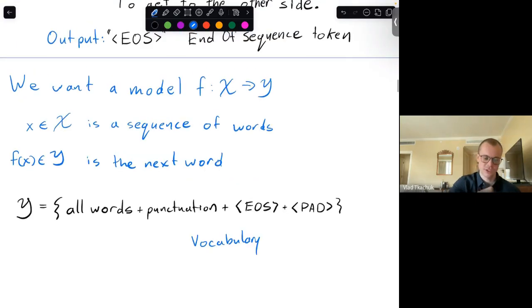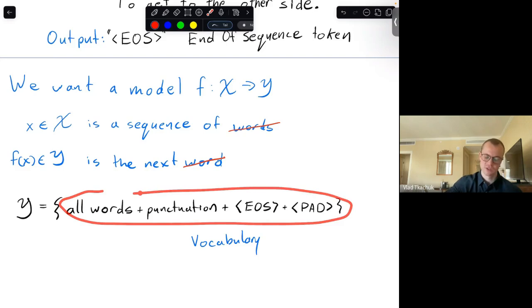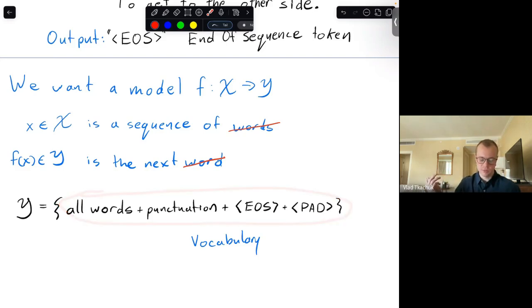We're going to change this terminology from words to what is often referred to as tokens. Because these are not just words, they're multiple types of symbols, people in the large language model world call these tokens. So the input is a sequence of tokens, and your output is going to be just a single token.